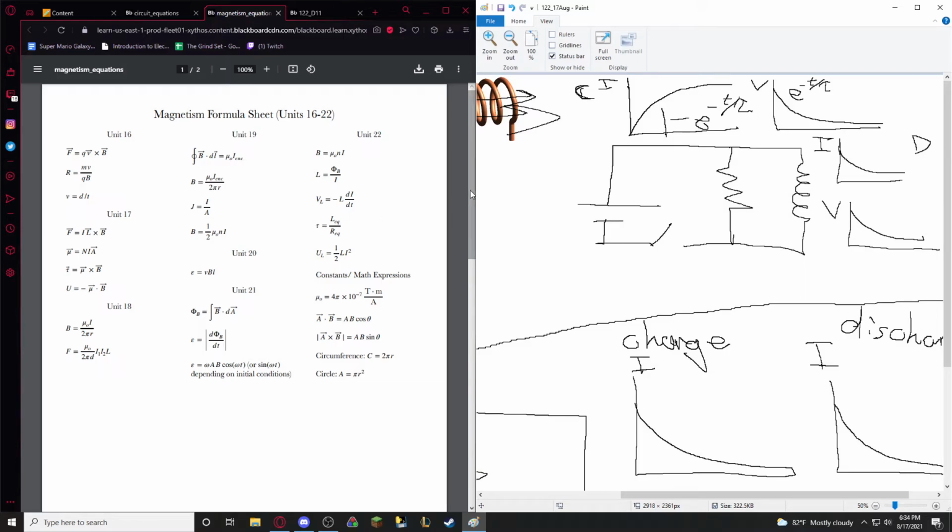Honestly, especially with how you guys don't have to worry about actually deriving inductance or deriving the voltage. Basically, nothing you do in this class worries too much about deriving things, and that greatly simplifies things. You just have to know and understand the equations and know how to use them on examples. The best way to do that is practice.